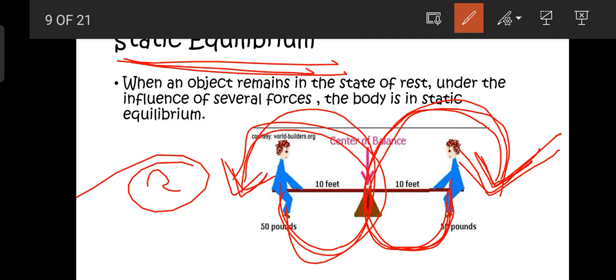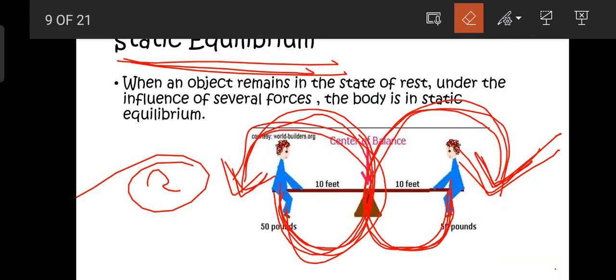How is it anti-clockwise? See, it is moving from the pivoted point, so it is anti-clockwise. See, a clock moves like this.